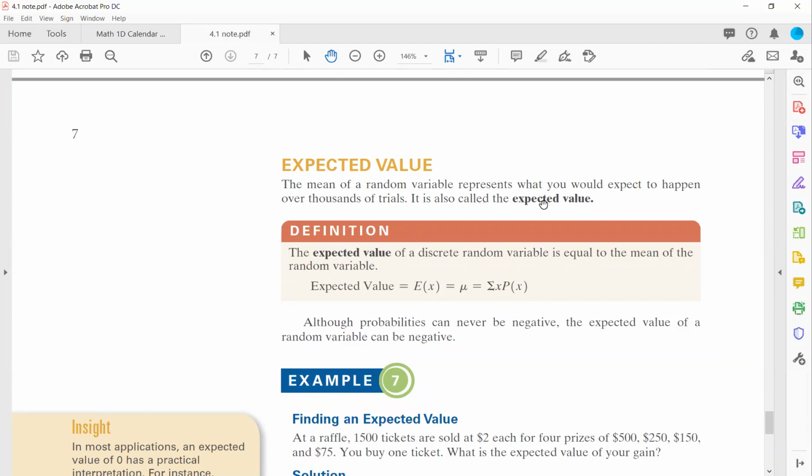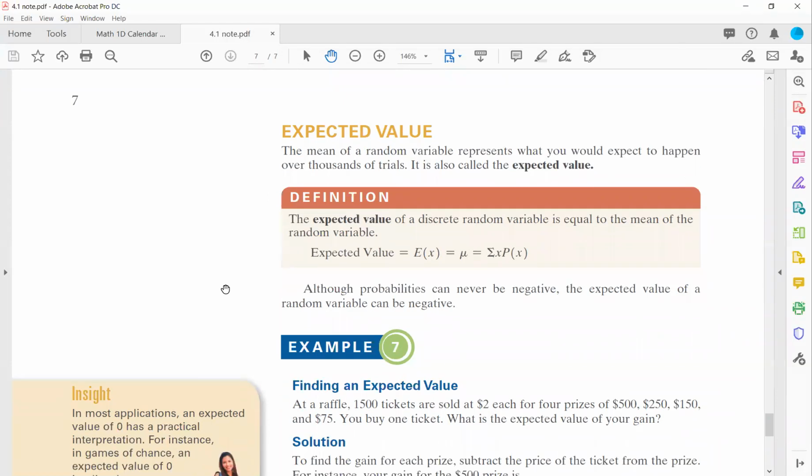It's also called the expected value. So definition, the expected value of a discrete random variable is equal to the mean of the random variable. Instead of having mu, we're going to use E of X. So when you use E of X, it means that you have expected value.